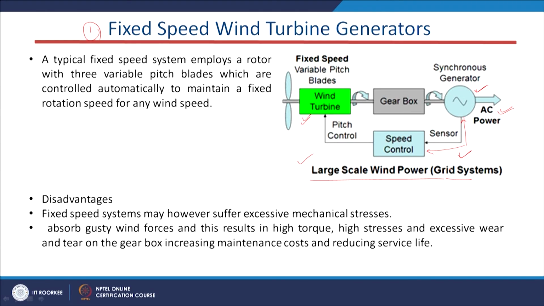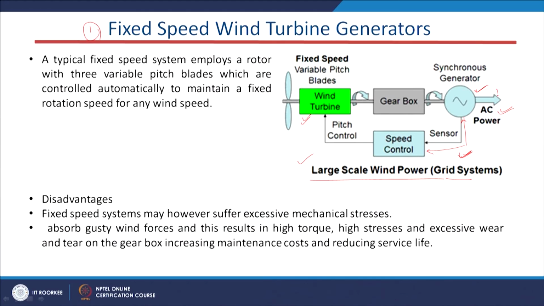Now, if you look at this schematic diagram, here we do not have any electronic device or electronic interface. There is no rectifier, no inverter used in this system. Directly the generator output is going to be connected to the grid system, and this is quite challenging, because this wind speed is varying in nature.